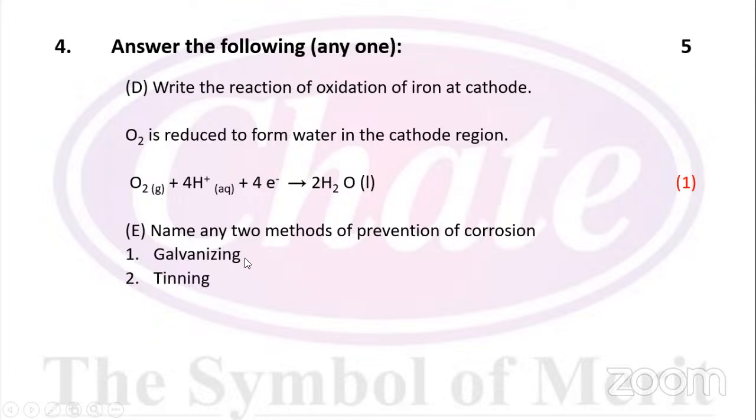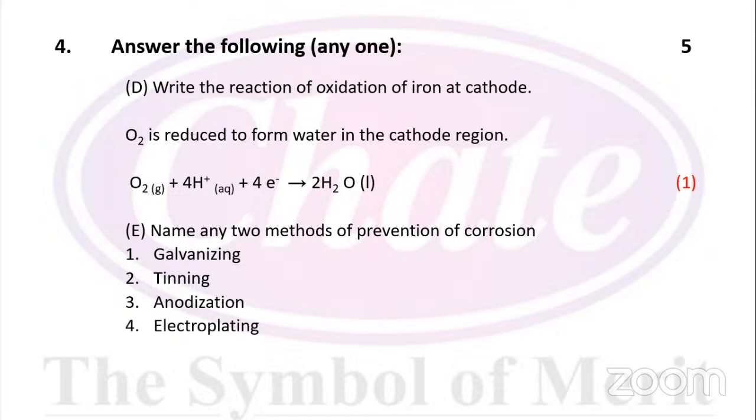In galvanizing we put a zinc layer. In tinning we put a molten tin layer. Then anodization. In anodization we put the article at the anode, and after that we carry out systematic oxidation of that surface. That is anodization, mainly in the case of aluminium.